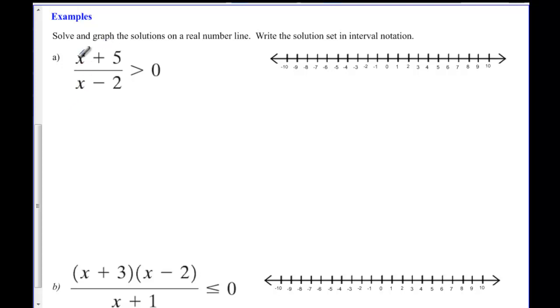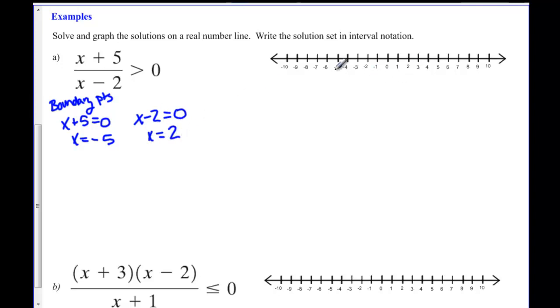So, to find the boundary points, we're going to set x plus 5 equal to 0 and x minus 2 equal to 0. So this will give us x equals negative 5 and x equals a positive 2.